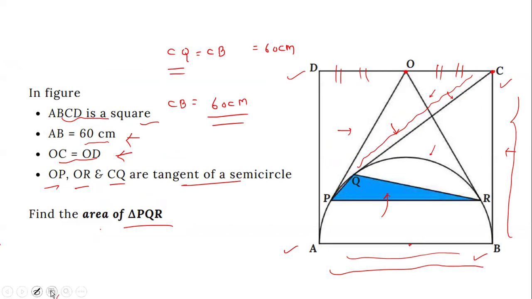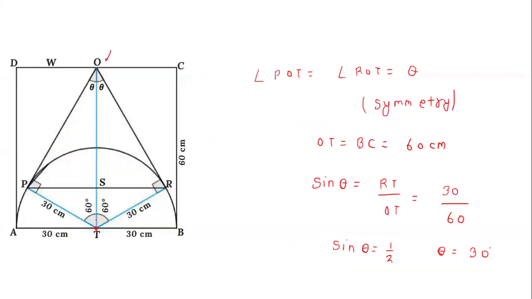So this T point is the center. And from the center, if you draw perpendiculars to these two tangents, this will be a 90-degree angle. In the problem AB is 60 as a whole, and T is the midpoint, so this is 30 and this is 30, which is also equal to the radius.